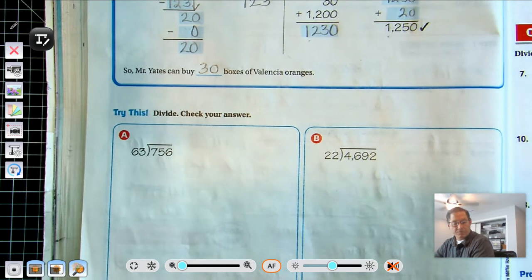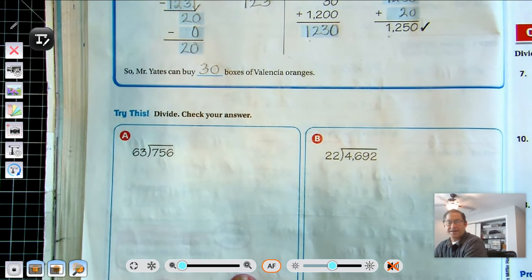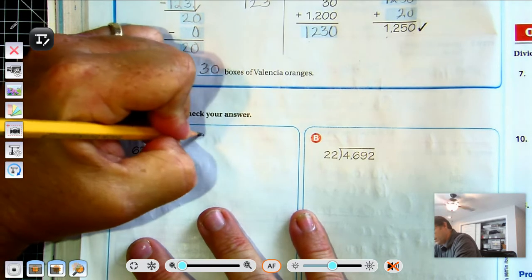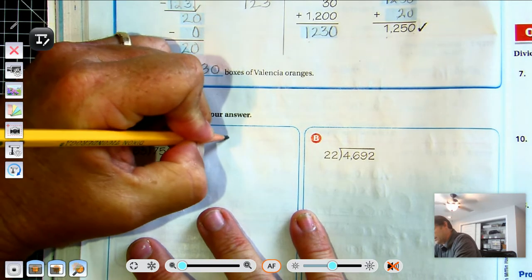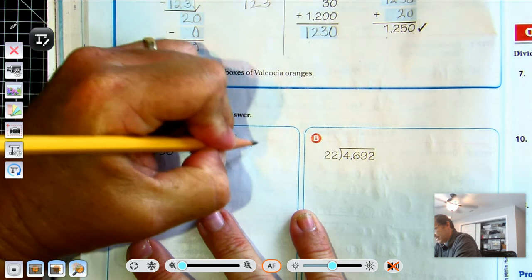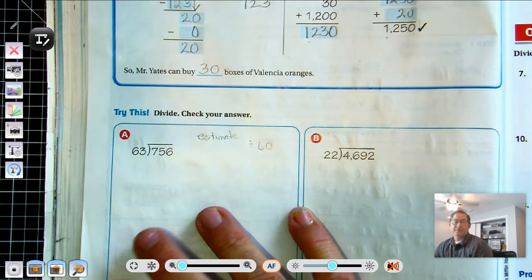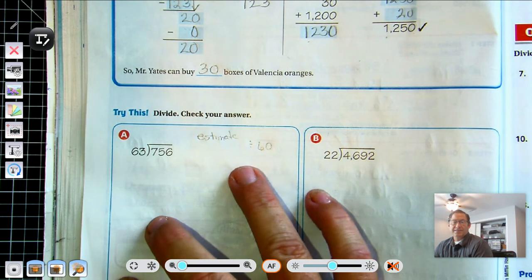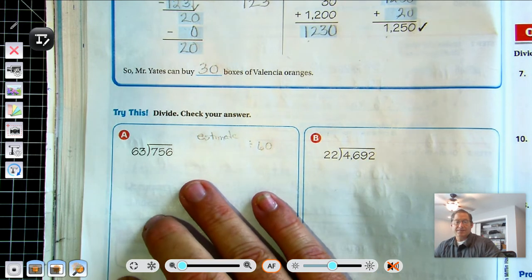And I would recommend that we do estimate each of our answers. So this first one, I'm going to write that my estimate is going to be some number divided by 60. So what is a multiple of 6 that is close to 756?